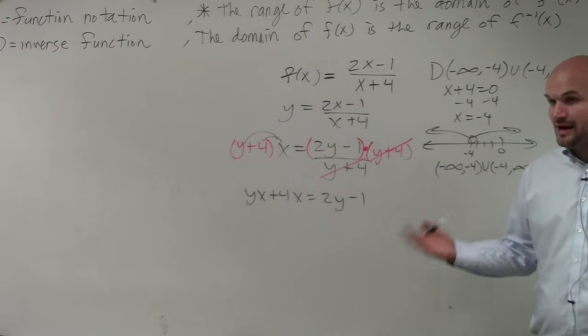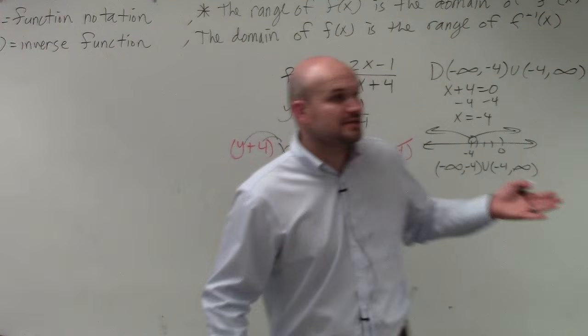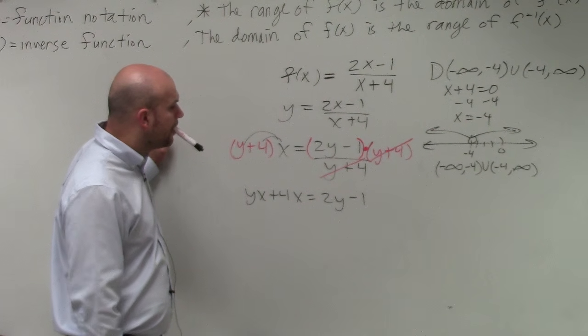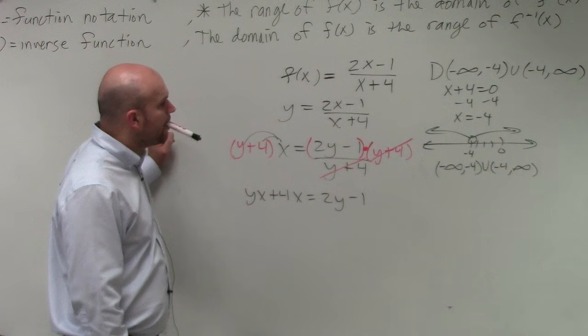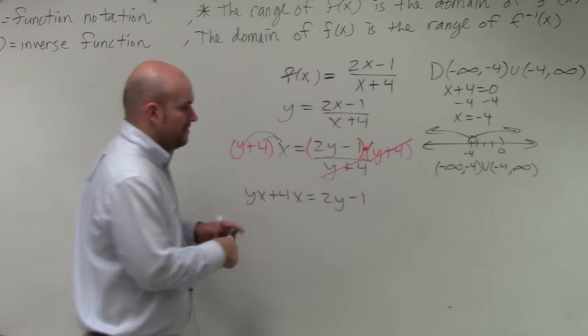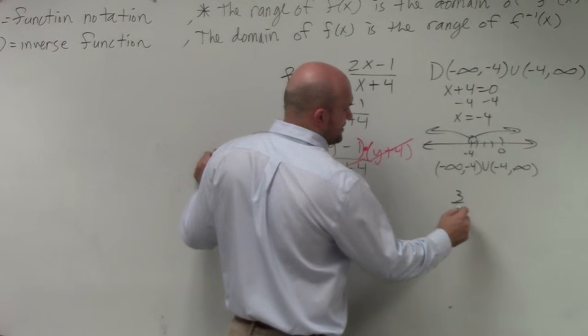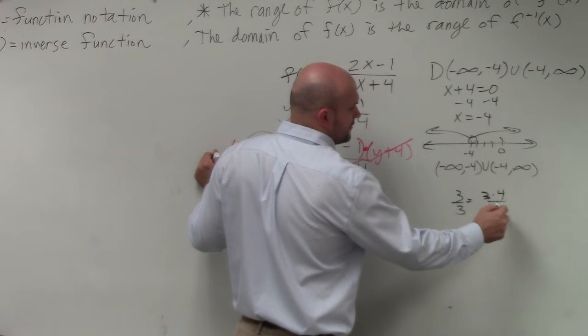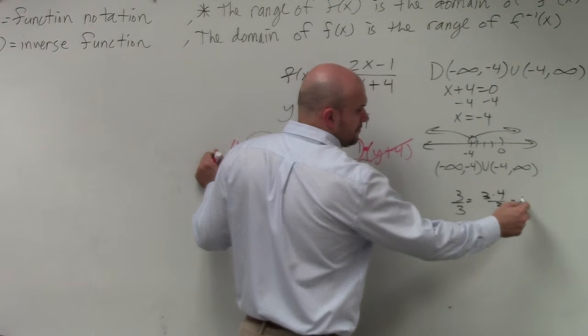OK. Now, again, going back to Algebra 1, if you have an equation, yes, Kenny? Well, yeah, I mean, what's 3 divided by 3? 1, right? 3 times 4 over 3 is 4, right?